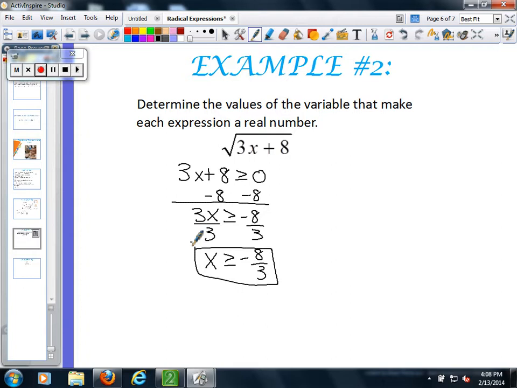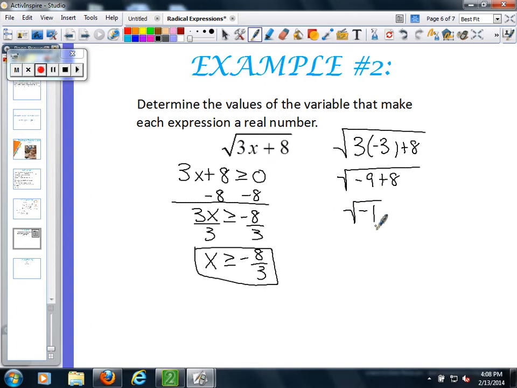Now, why this is true: if I put in a number less than negative 8 over 3, like negative 3, and I simplify this, that's negative 9 plus 8, which is the square root of negative 1. This is not a real number. It's actually what we call an imaginary number, which we won't really get to a whole lot.